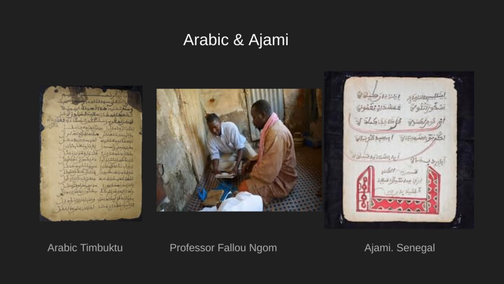Now, what Ajami is, it is African languages that are transcribed with an Arabic alphabet. So, in the case of Senegal, where Fallou Ngom's research is based, much of the Ajami is in Wolof.